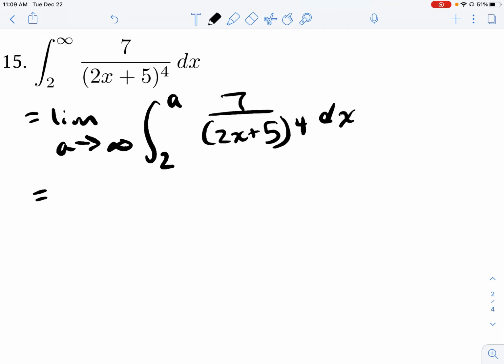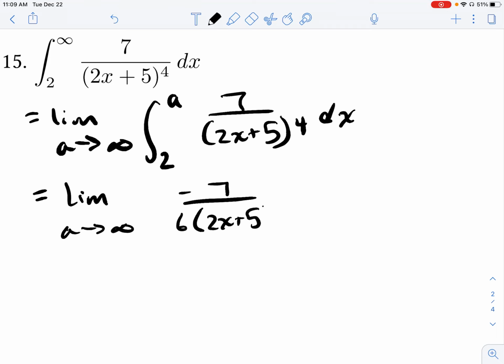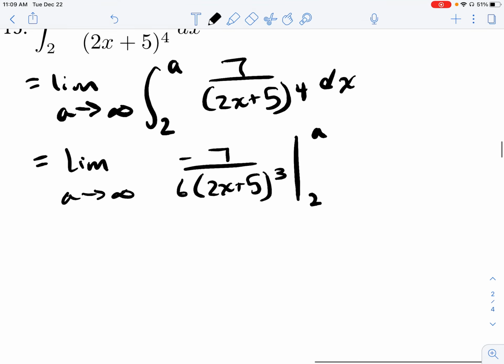This one's a little bit easier to integrate because our function that's being raised to the negative 4th power is just 2x plus 5. And so that allows me just to apply the power rule and write this as 2x plus 5 cubed, evaluated from 2 to a. Now let's go ahead and evaluate that integral at the bounds.